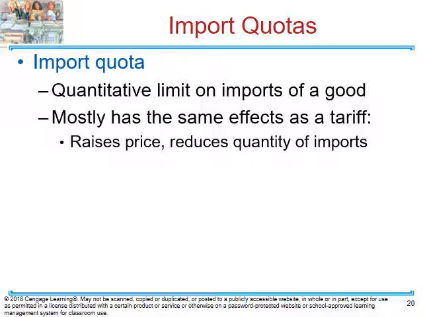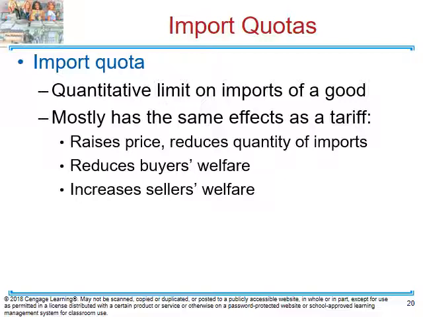It raises price and reduces the quantity of imports. It also reduces buyers' welfare but increases sellers' welfare, so it's benefiting the sellers, and it's affecting negatively the buyers of that specific good.